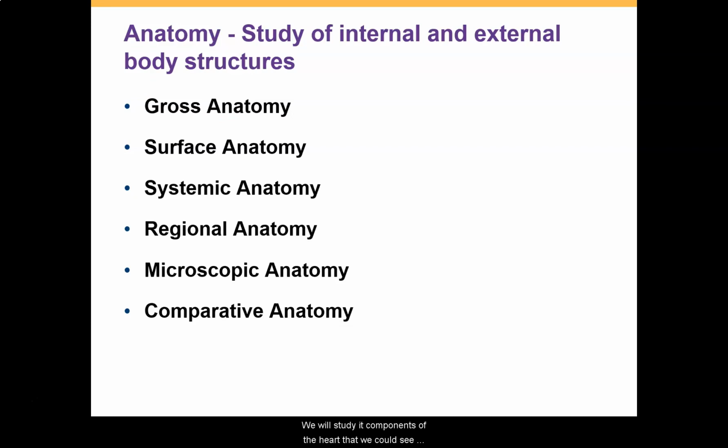Components of the heart that we could see without instrumentation, I should say, we will study. So gross anatomy is all about the study of anatomical structures, body components that we can see with our bare eye without the need for using some sort of instrumentation.